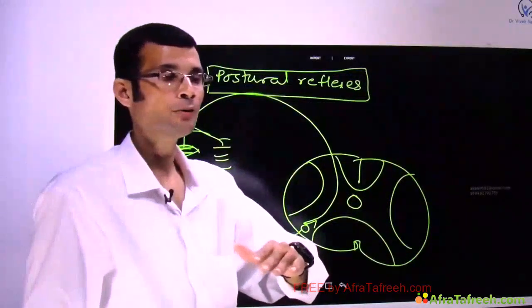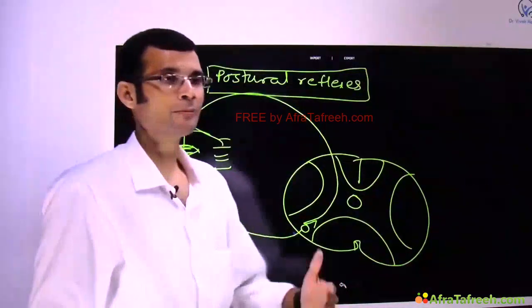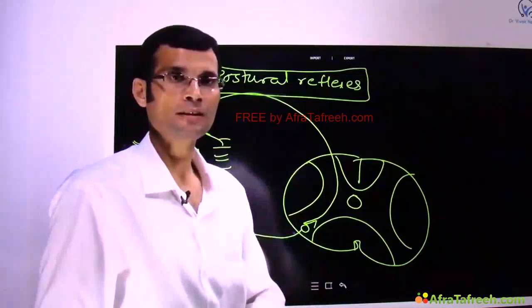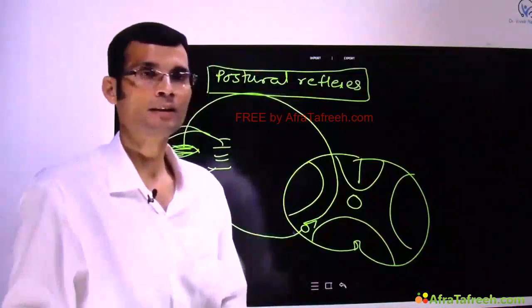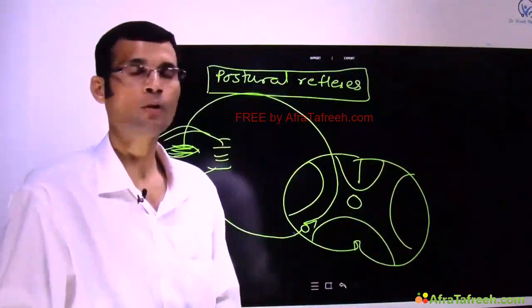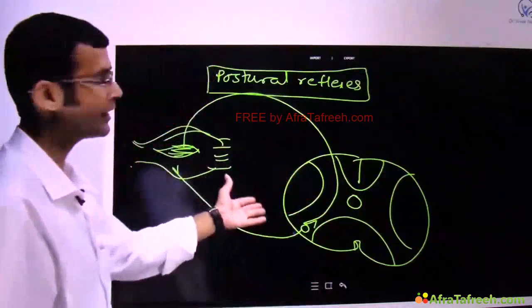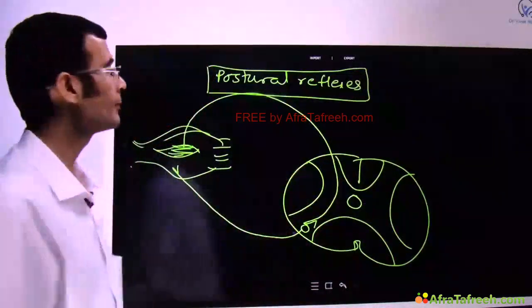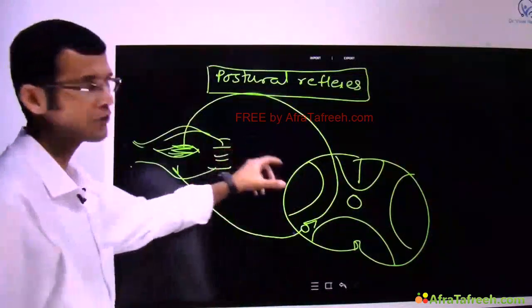If you happen to slip over a peel of banana, what will happen? Sudden stretch of the muscle, and there would be a brief contraction of the muscle. The limb will become a rigid pillar to support the body weight and maintain the upright posture. That's the applicability of the knee jerk, and therefore the most basic postural reflex is the stretch reflex.